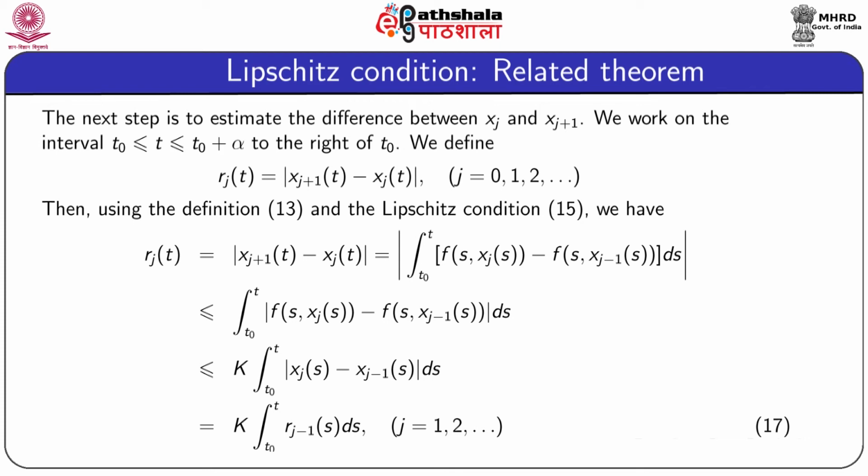This you get by using the Lipschitz condition 15, and this is equal to k times the integral from t_0 to t of r_(j-1) ds, for j equal to 1, 2, and so on.